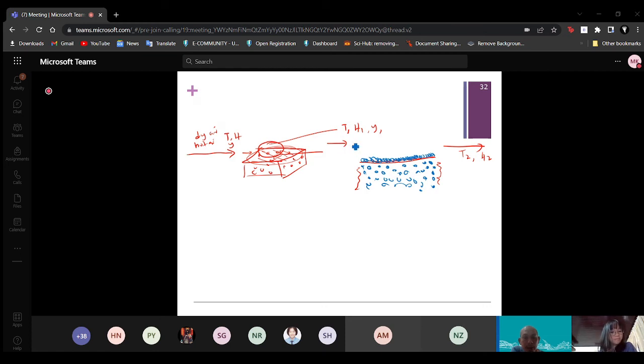So when they expose to this hot air, so dengan supply heat kat sini, heat akan bagi kepada wet solid. So this heat akan giving into the system, giving into the solid, the wet solid. So what happen? Heat tu akan transfer to water. So water ni nanti akan keluar lah.